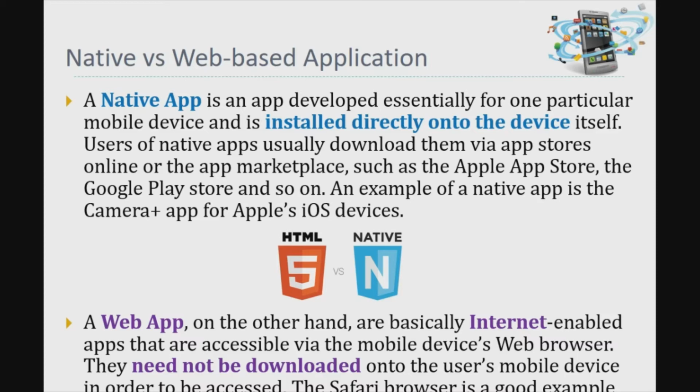And you still can access it through the web browser. So the Safari browser is one example for the mobile web application. So that's the difference between the native and the web.